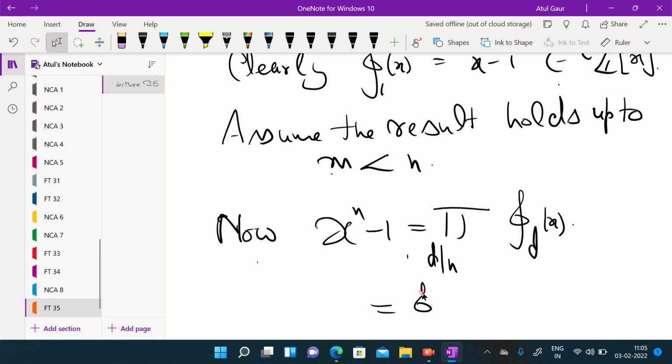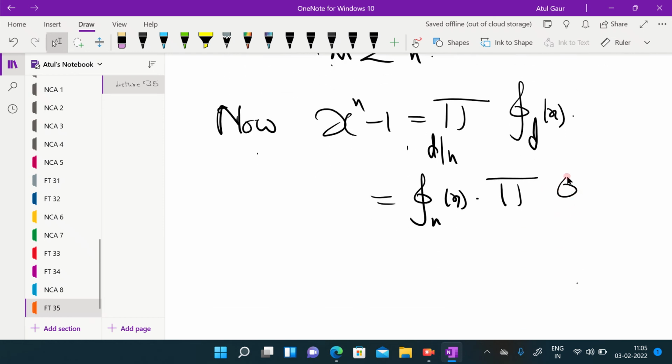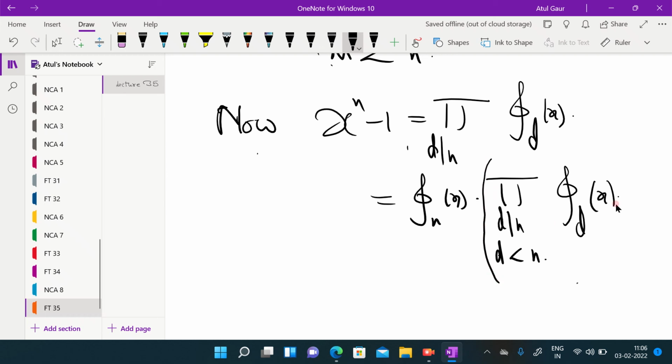This means phi nx into the product over d dividing n and d strictly less than n. Is that fine? The divisor n has been taken out. The case when d equals n, we have taken outside. So now the point is, by induction hypothesis, this is a monic polynomial with integer coefficients.